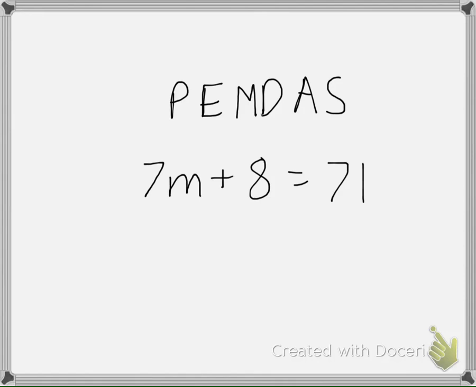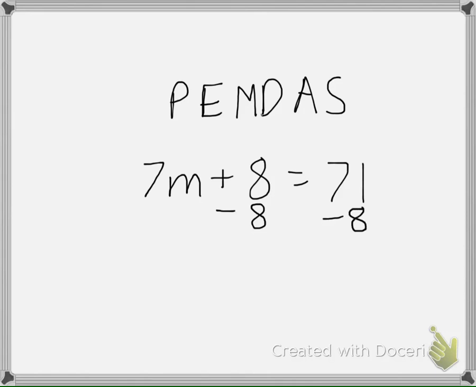Since the first thing that we would do if we knew what m was would be multiplication, and the last thing we would do is addition, then the first thing we want to get rid of is the addition. The opposite of addition, of course, is subtraction. So the first thing I'm going to do is subtract 8 from both sides of the equation.